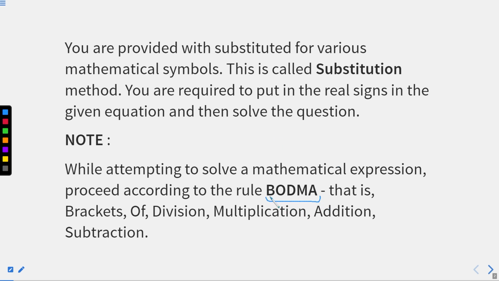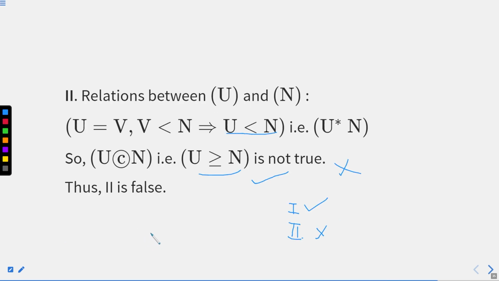In this, B stands for bracket, O stands for of, D stands for division, M stands for multiplication, A stands for addition, and if we add S in BODMAS, then we get subtraction. I hope this is clear to everybody, right? Till this question, right?